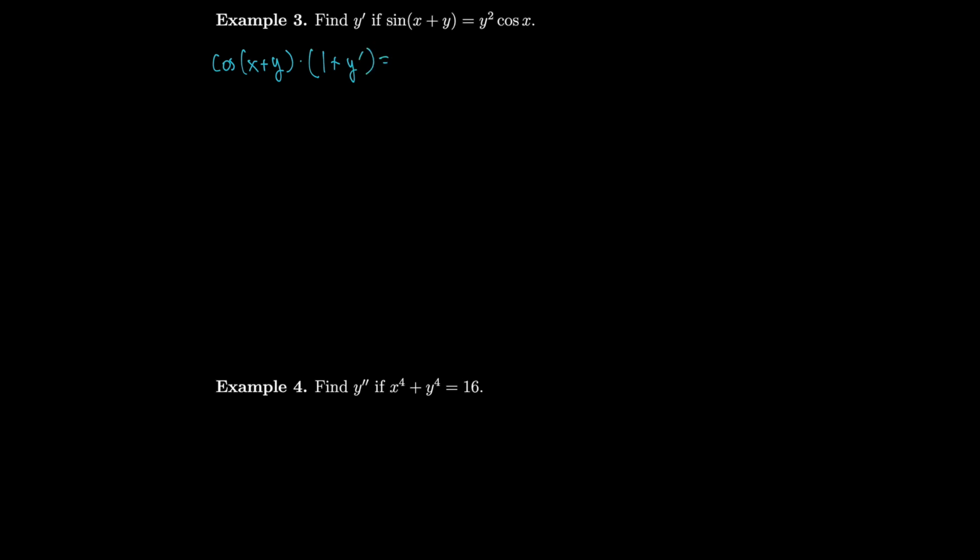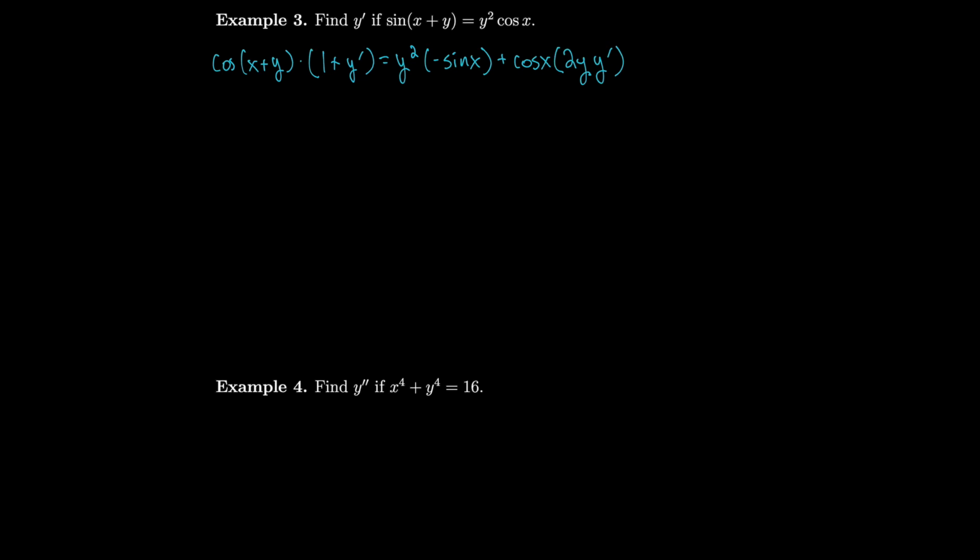Okay, and on the other side we have y squared times minus sine x, because now we have to use the product rule, plus cosine x times the derivative of y squared, which is 2y, and then multiplying by y prime using the chain rule.